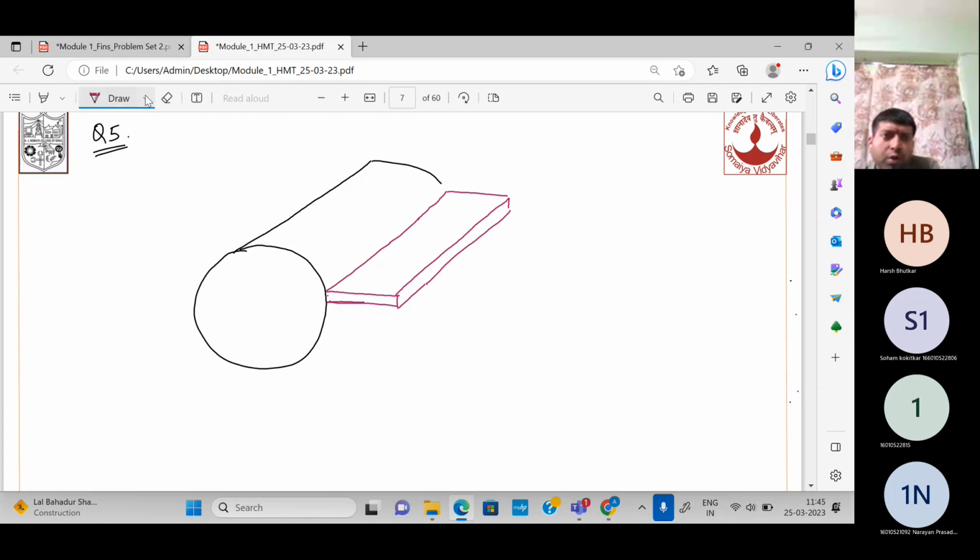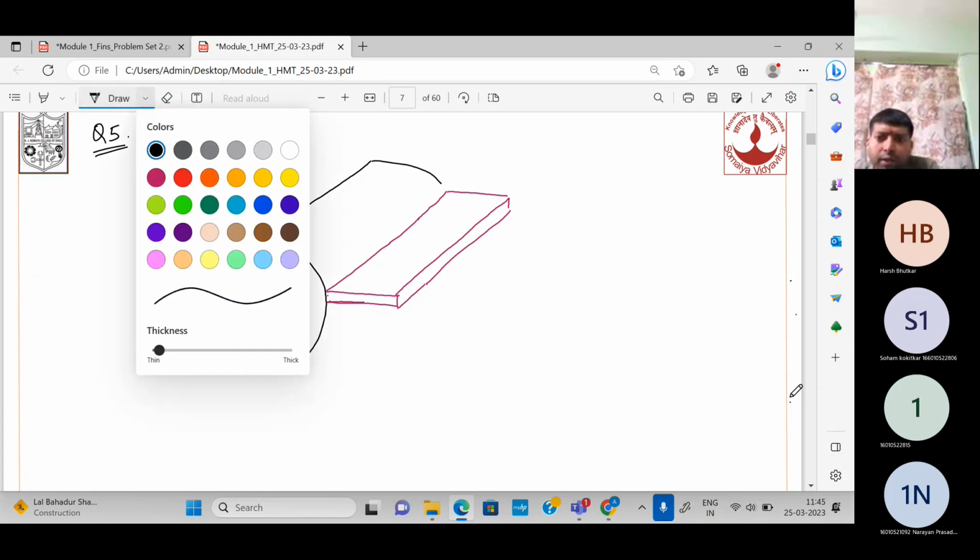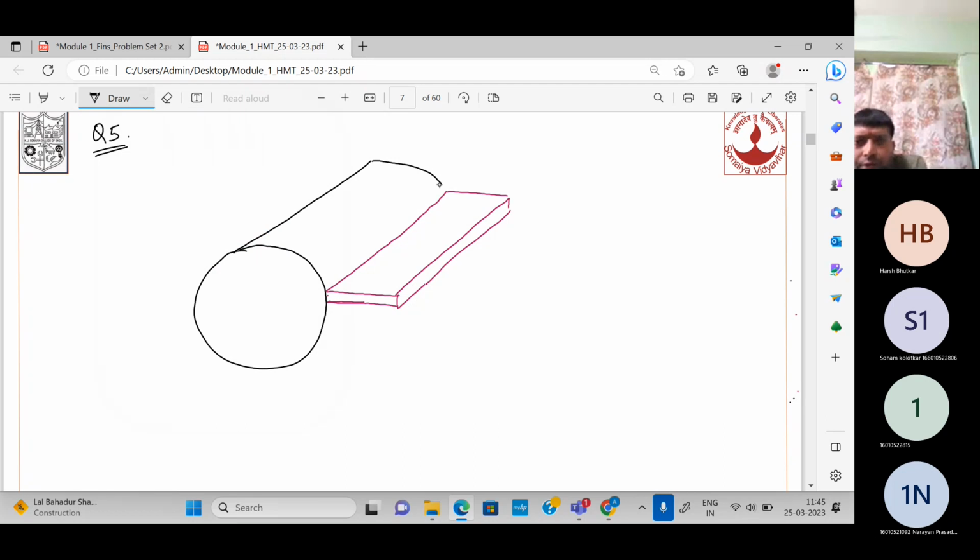These longitudinal fins are attached here. Let's draw the diagram first, so things will be clear. This is the motor body.